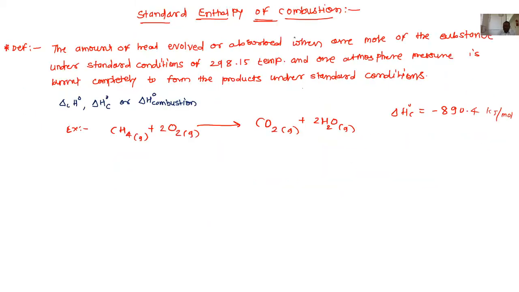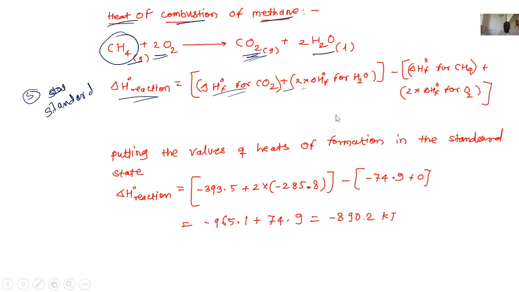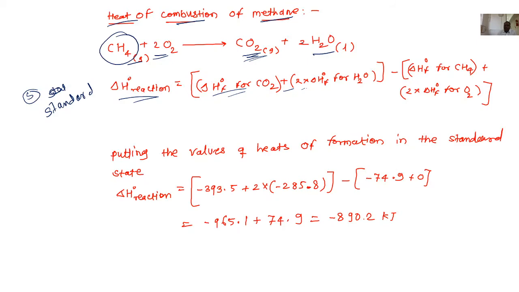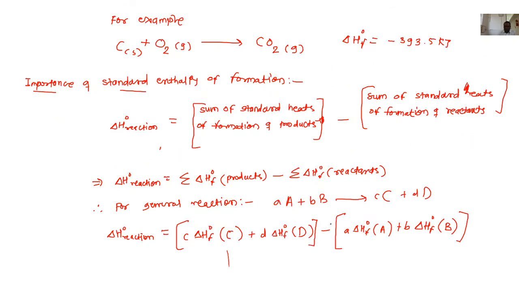Because there are two moles of H2O molecule. Here, small a is the number of moles, and small c is also the number of moles.